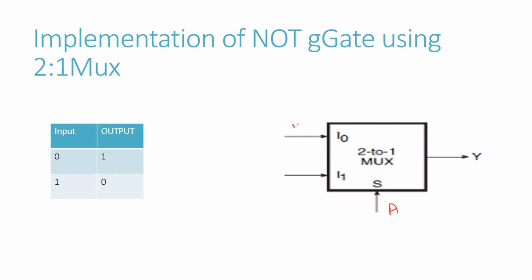So I'll simply connect 1 here. And when A is 1, the output is to be 0, so I will give 0. That will pass to the output and I will get that value, right? So when A is 0, the output is 1, and when A is 1, the output is 0. So this is how we can implement a NOT gate using a 2:1 MUX.